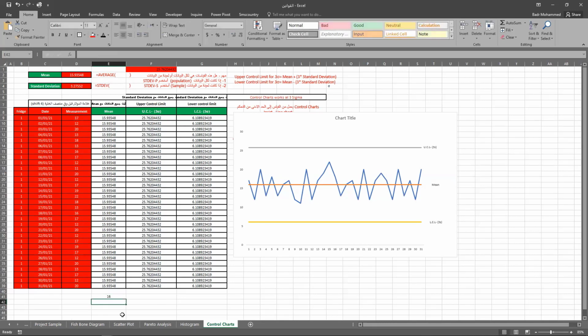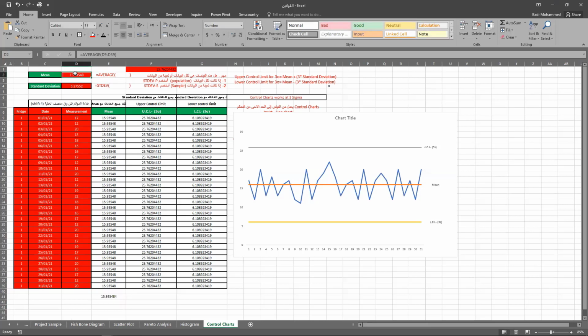It is shown rounded here, but we need the decimal numbers too. So here it will be 15 point something, because I used rounding. If I add decimals, it will give you the same number. So this is the average we calculate here.